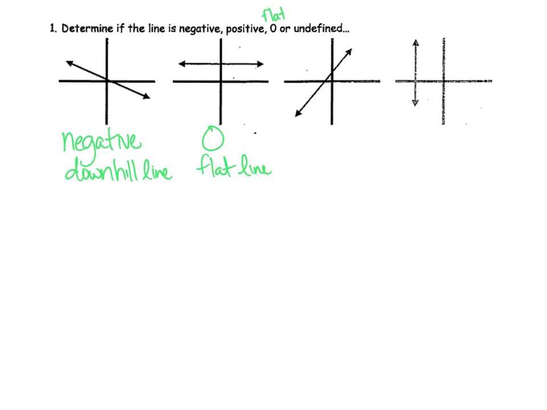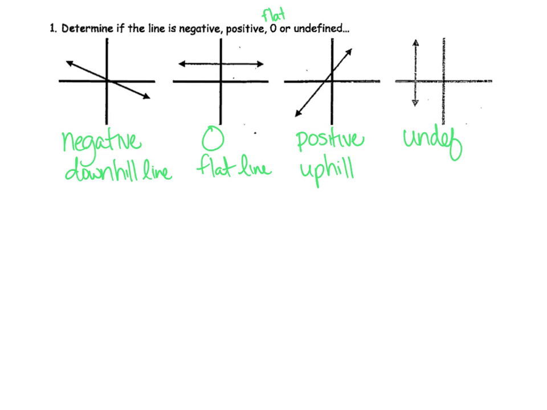Okay, looking at the third graph, how does the line move? Uphill or downhill? Well, it moves uphill, so that's going to be a positive slope. And so what's left, guys? What's still yet to choose? The line that's up and down.